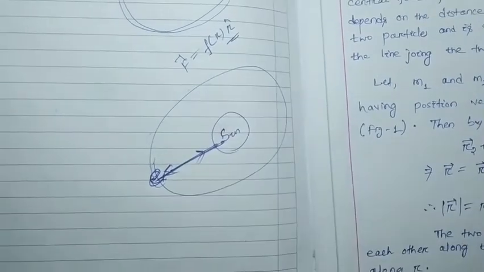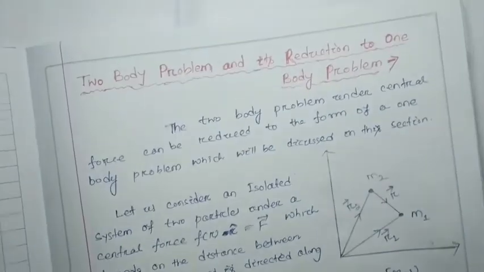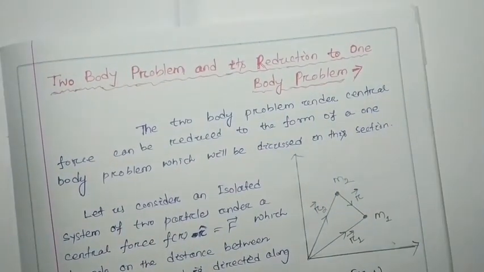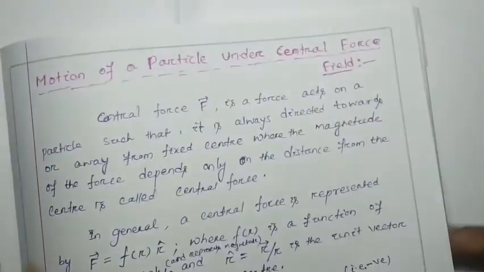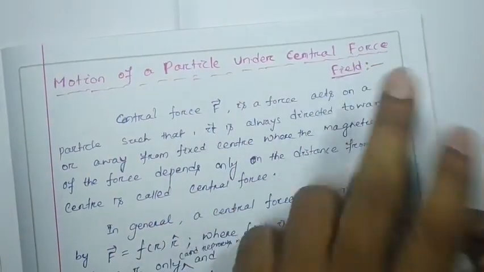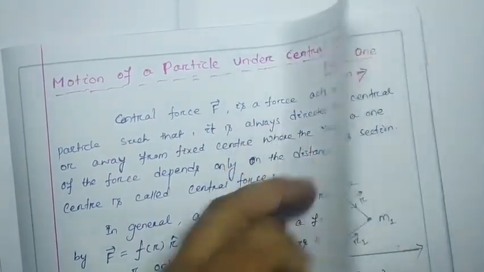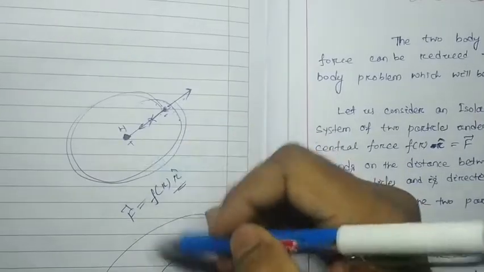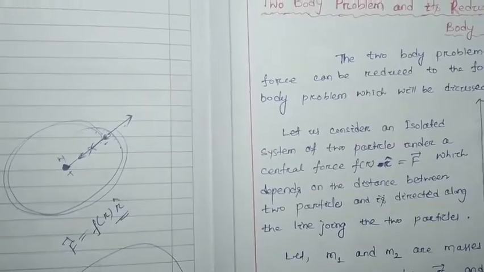Hence it is called the so-called central force motion, the motion of a particle under a central force field. These two are examples of motion of a particle under a central force field.